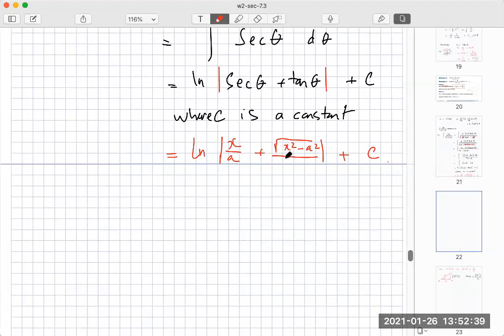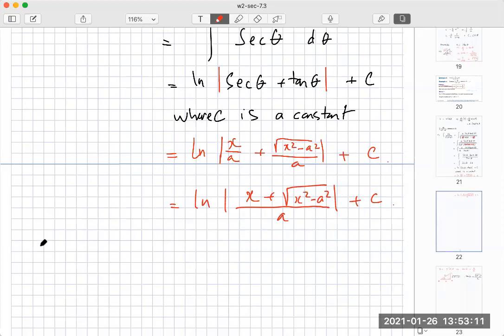Can we simplify this guy? How can we do it? Okay. If we put it all over a, it will be x plus the square root, all over a. Okay, very good. And what else? C is a constant. So this is the plus sign.